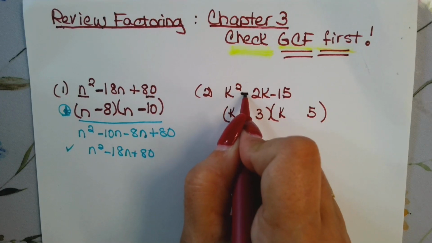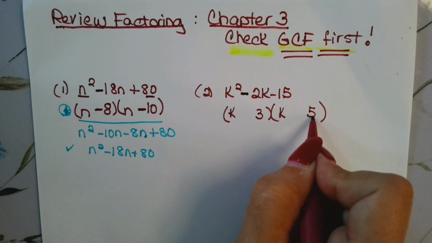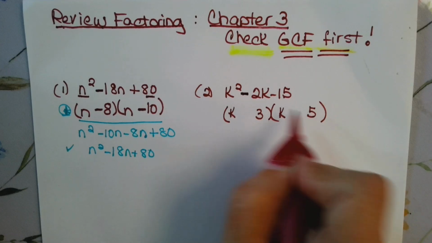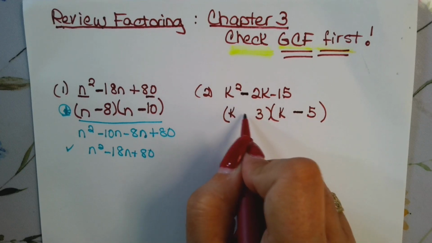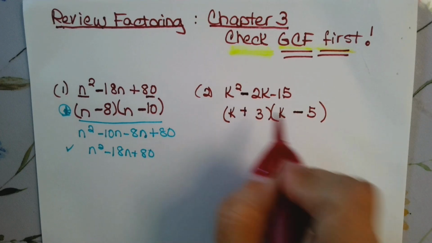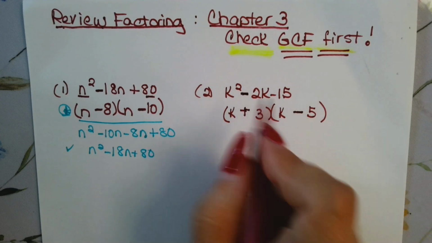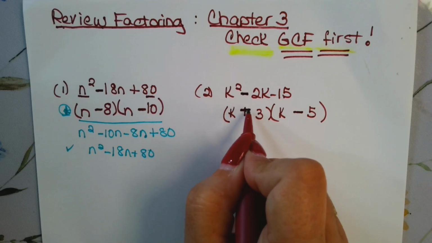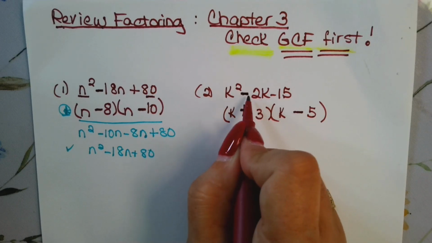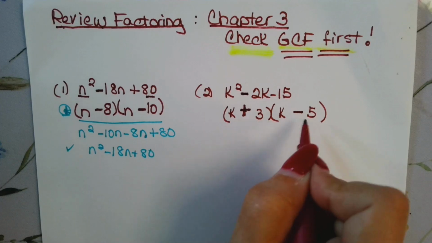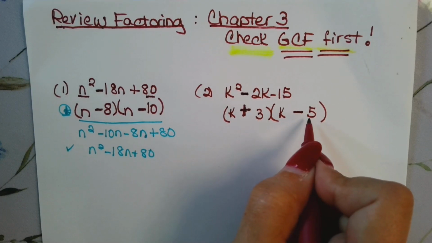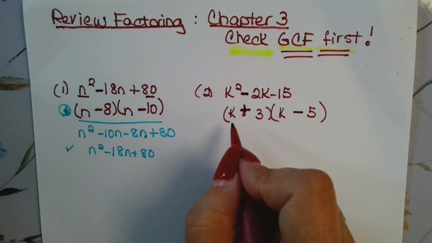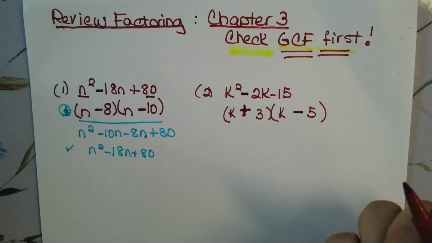This is a negative 2k. We pick the bigger number. The bigger number is 5. Therefore, the 5 is going to be the negative, just like this, and this one will be positive. Okay? So what you do is you take the sign from here and you put it onto the bigger of the two numbers. In this case, it's the 5. And that's it. You're done.